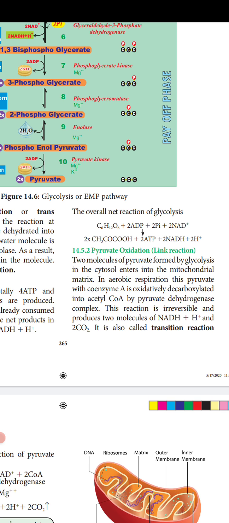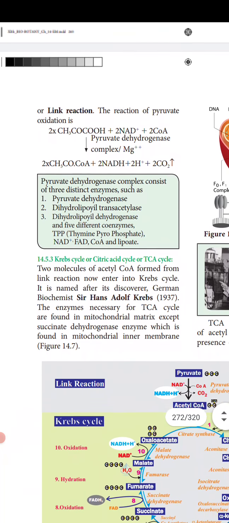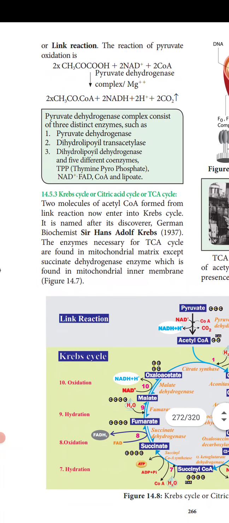It is called the transition reaction, or also the link reaction. So the reaction of pyruvate oxidation: pyruvate plus 2 NAD plus 2 coenzyme A gives 2 molecules of acetyl coenzyme A plus 2 NADH plus 2 molecules of carbon dioxide given out.